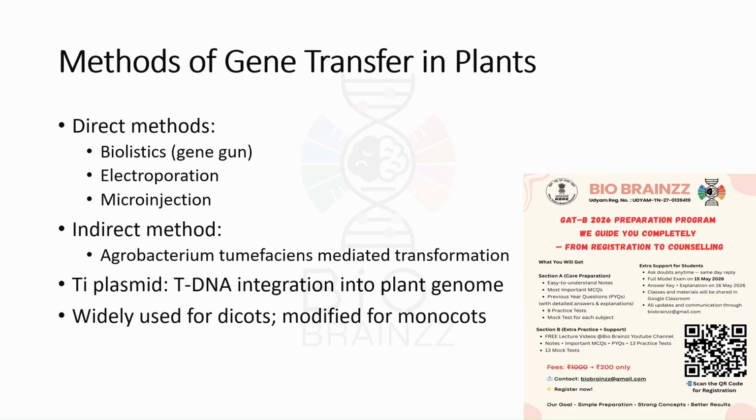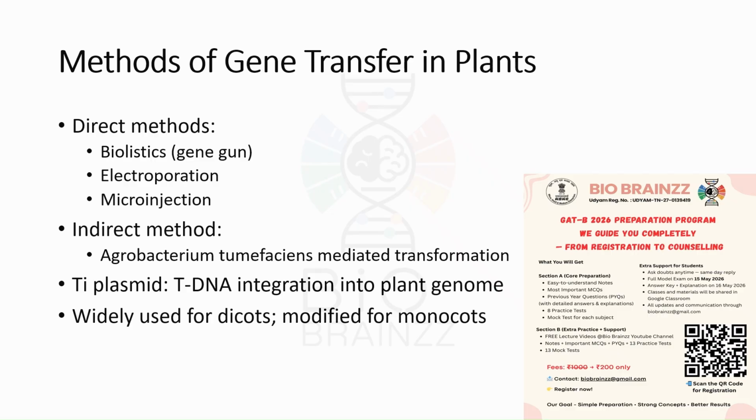Gene transfer in plants can be achieved through direct and indirect methods. Direct methods include biolistics (gene gun), electroporation, and microinjection, which physically introduce DNA into plant cells. These methods are useful for a wide range of plant species, including monocots.